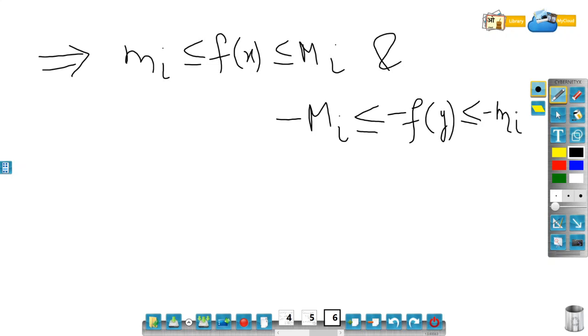When I multiply with the minus sign, minus mi is greater than or equal to minus f of y, which is greater than or equal to minus capital Mi.